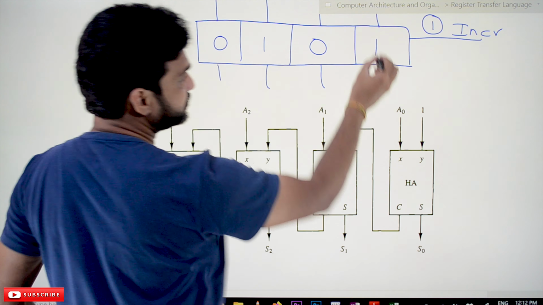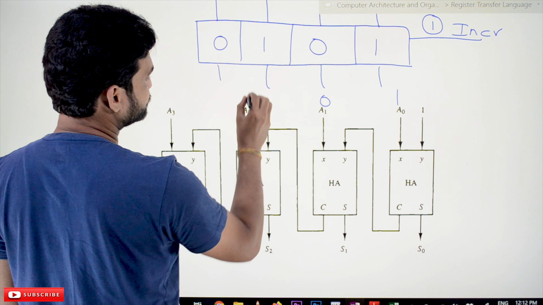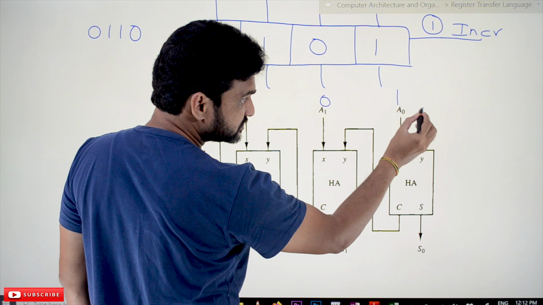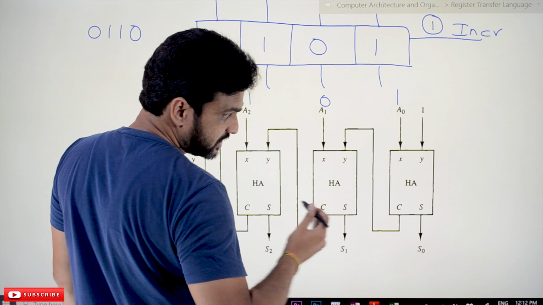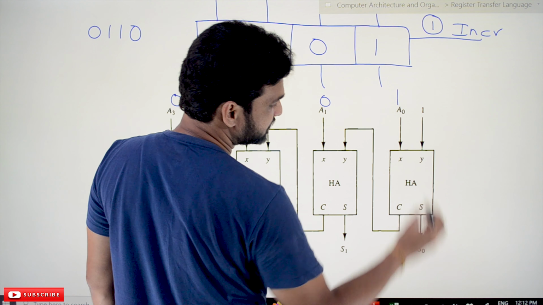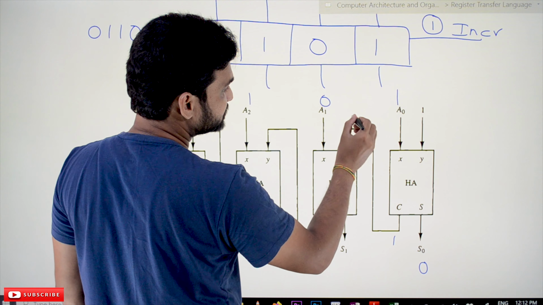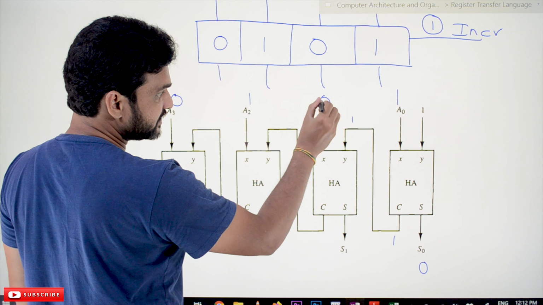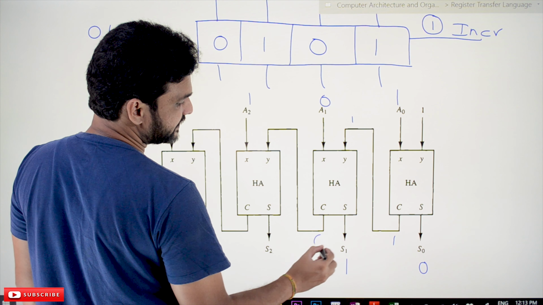See here, the value of A0 is 1, A1 is 0, A2 is 1, and A3 is 0. The first, least significant half adder does 1 plus 1, which gives a sum of 0 and a carry of 1. This carry is transferred as the input for the next half adder, where we have 0 plus 1, sum as 1 and carry as 0.